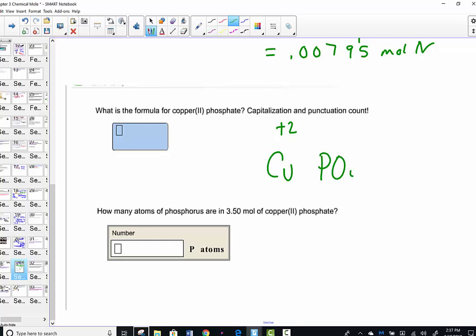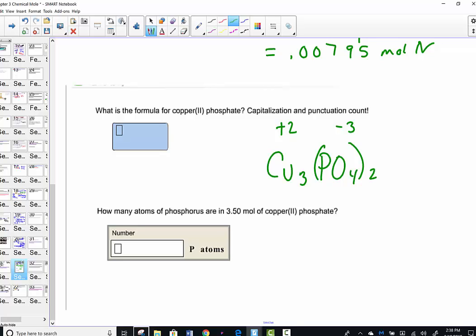Phosphate is a polyatomic ion. It's PO4 and it carries a -3. When you crisscross, we read that as Cu3, PO4 taken twice. That's how you read that formula, with the parentheses meaning taken twice. So that's the first skill.